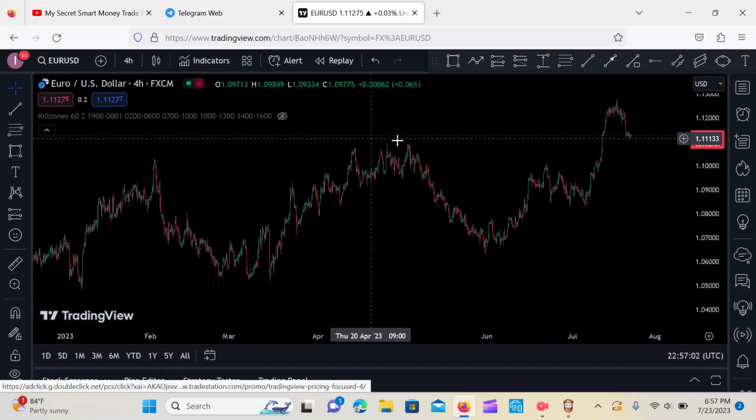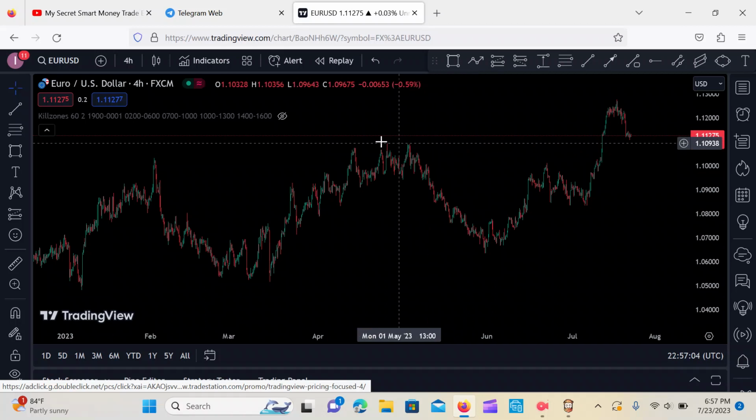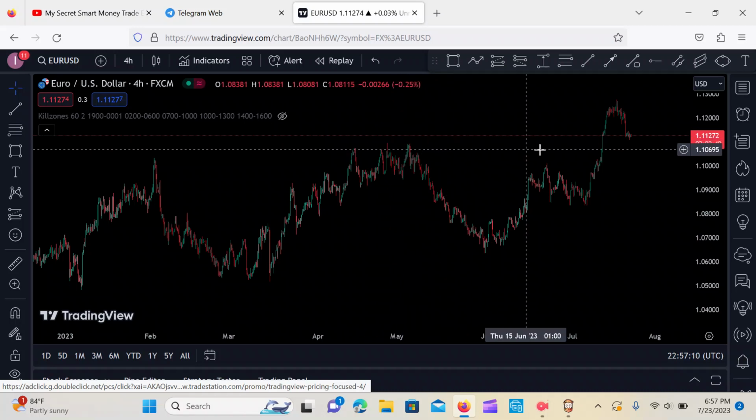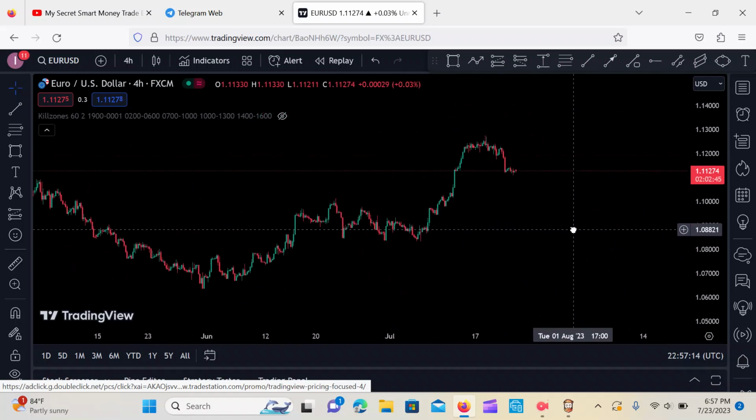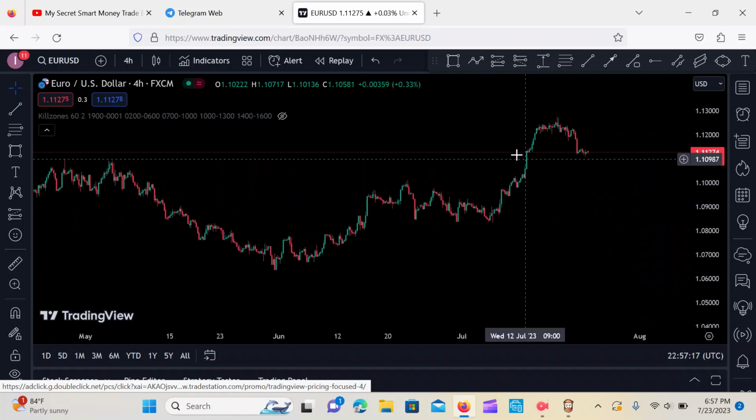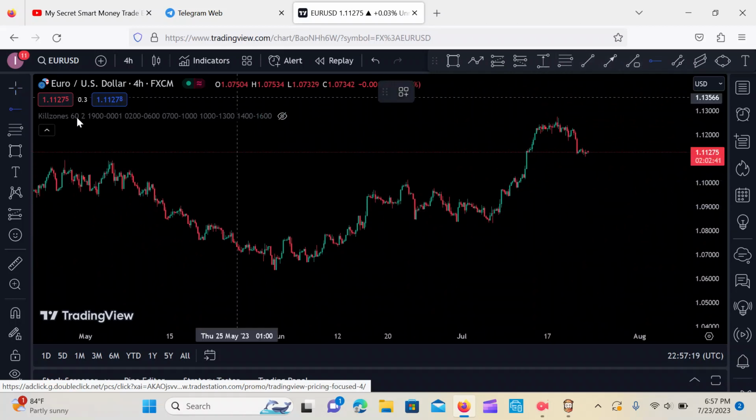We can clearly see that price has taken out previous highs. Price has taken it out with a very strong bullish, volatile candle. Let me quickly mark this.